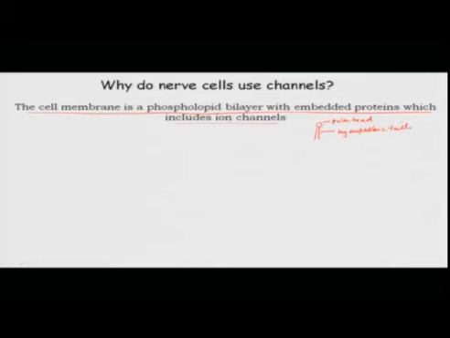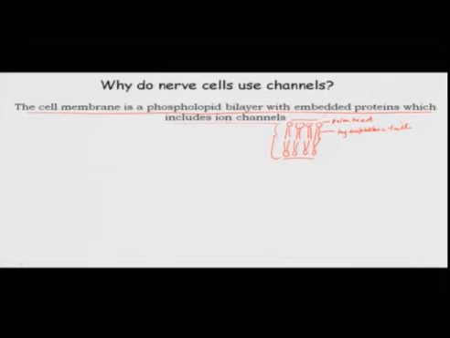tails. So, these phospholipids are arranged in this manner, and this forms a phospholipid bilayer. So, you have the polar heads all on the outside of the membrane, and the hydrophobic portion is tucked inside. So, this forms a hydrophobic barrier.